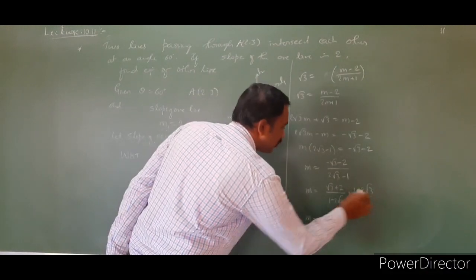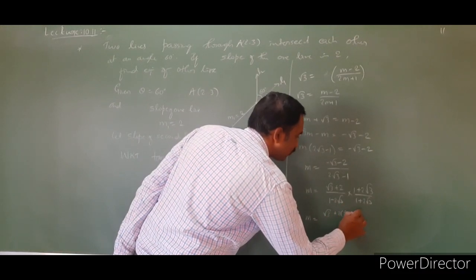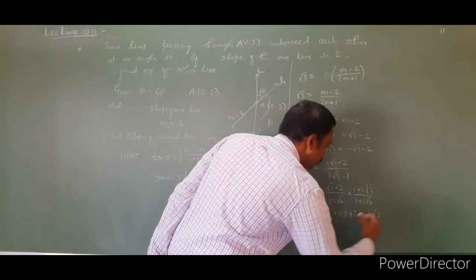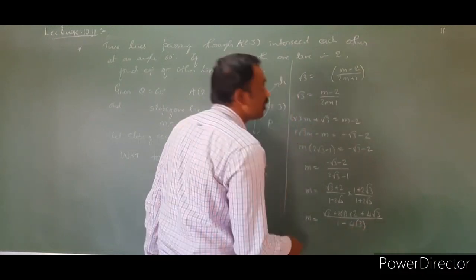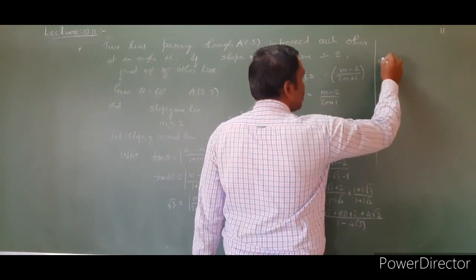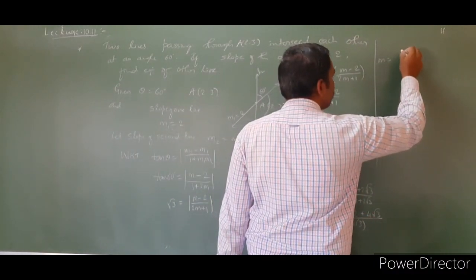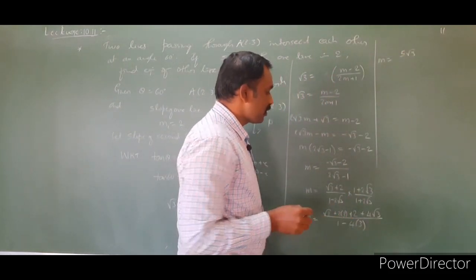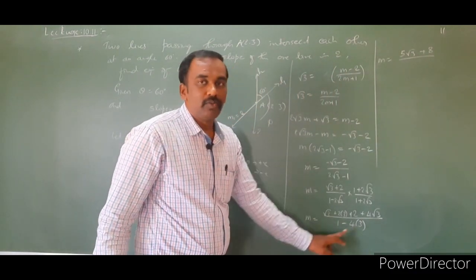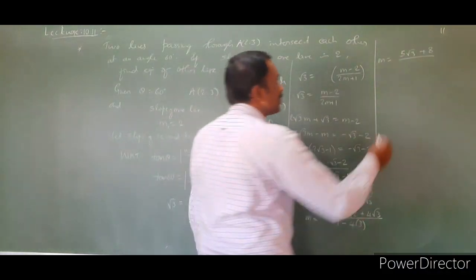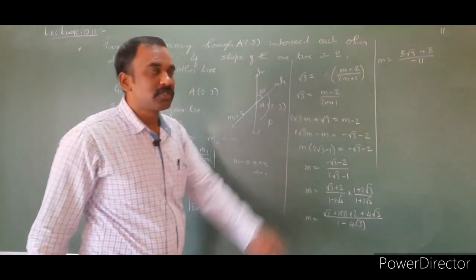So m is equal to: root 3 plus 2 root 3 into root 3 is 3 plus 2, 2 fours are 8... numerator is root 3 plus 4 root 3, that becomes 5 root 3, plus 2 threes are 6, 6 plus 2 is 8, whole thing divided by a plus b times a minus b, a square minus b square: 1 minus 12, which is minus 11. So m is equal to (5 root 3 plus 8) divided by minus 11. Are you clear? This is the required slope of the line.